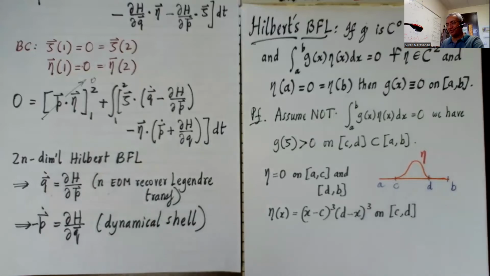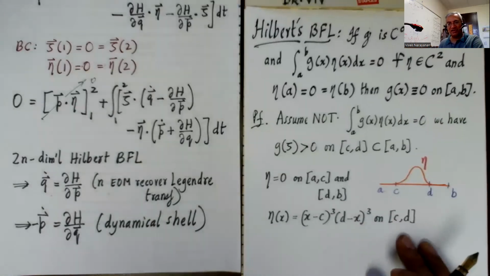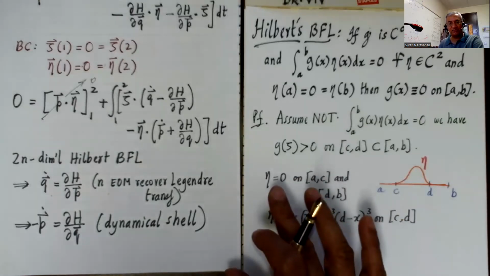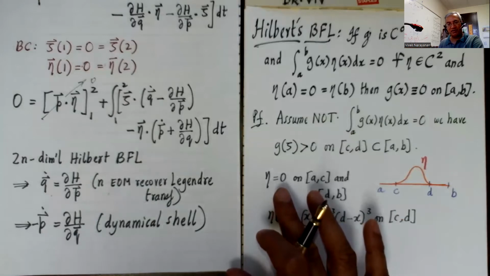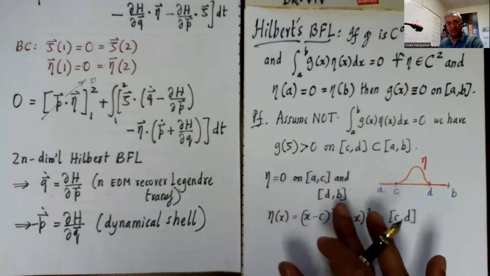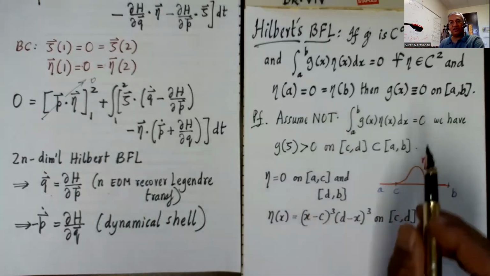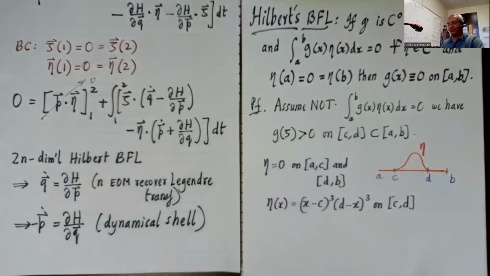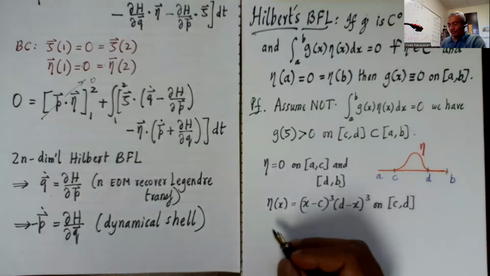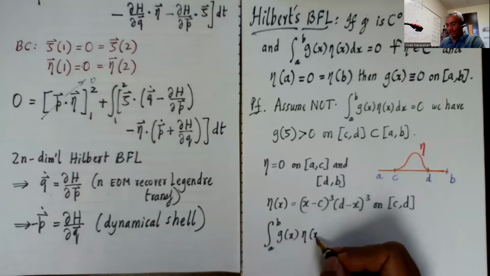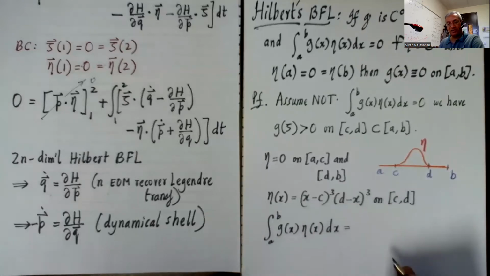So this satisfies all the requirements, all the hypotheses on eta. It is C2 and it vanishes at A and B. That's definitely true because of the partial definition on AC and DB, that eta is 0, and it's C2 everywhere. So it satisfies. Now we're going to write the integral from A to B, g of x, eta of x dx, as a sum of 3 integrals.